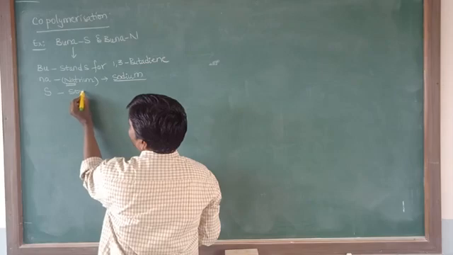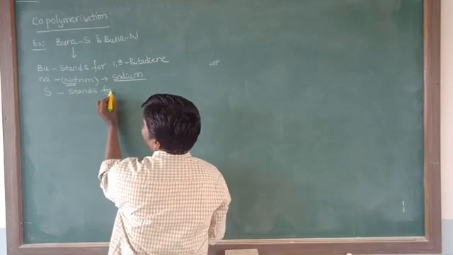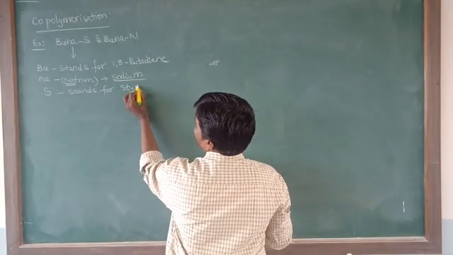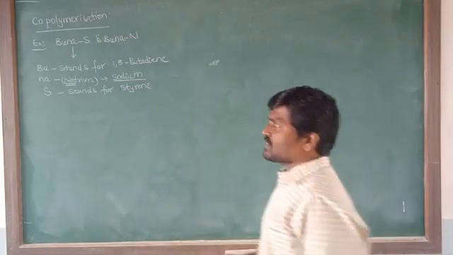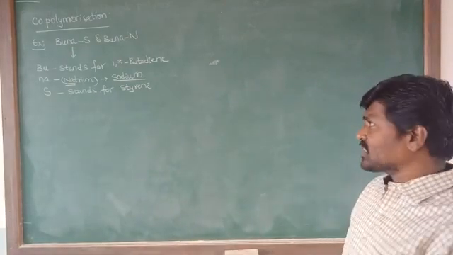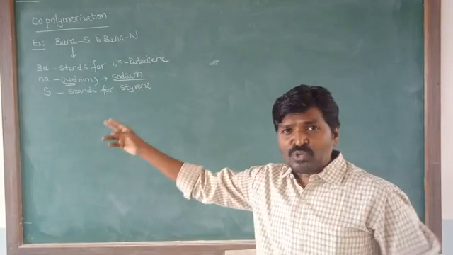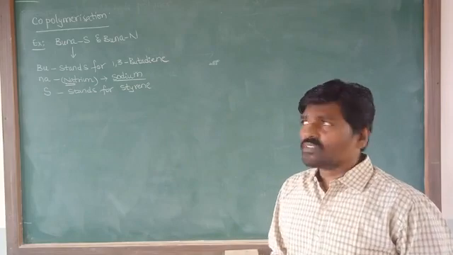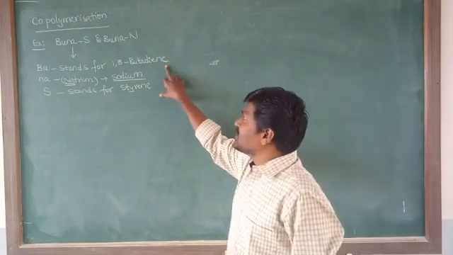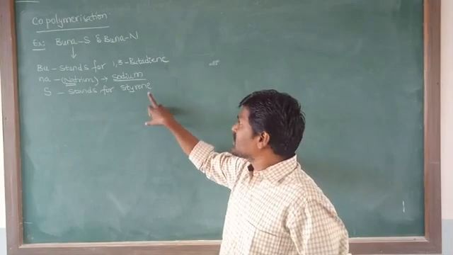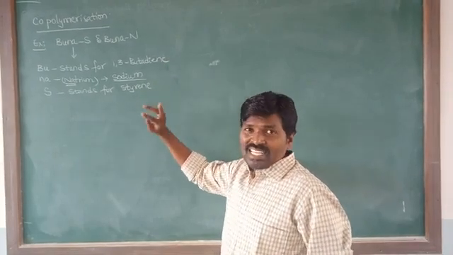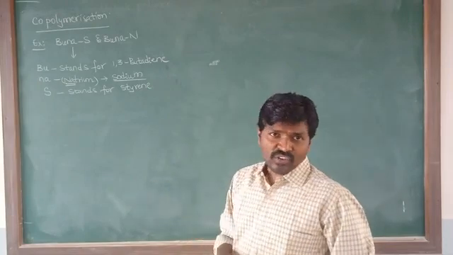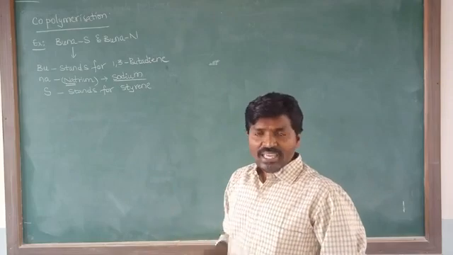S stands for styrene. So for the preparation of this Buna S polymer, what are the monomeric units? We are taking 1,3-butadiene and styrene. Whenever the reaction is carried out between these two, the polymer that is formed is called Buna S.